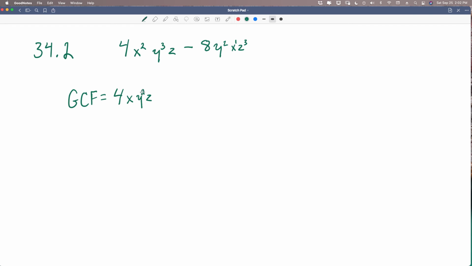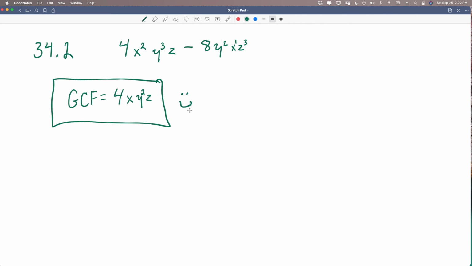Look at the exponent and do some subtraction in your head to see what the differences are. The easiest thing to do is to just find the smallest exponent for that variable, and that is the exponent that you are going to use. All right, and that is the greatest common factor for 34.2.